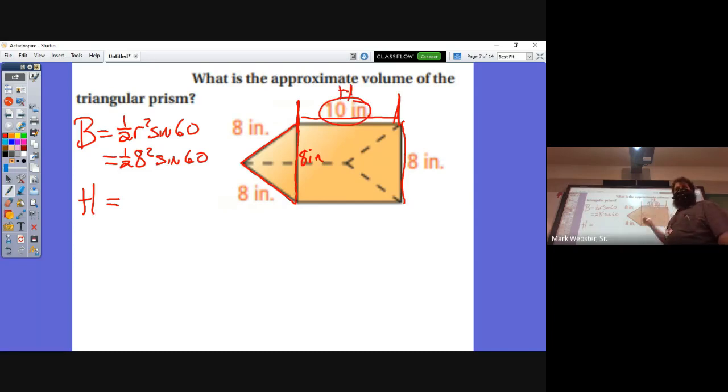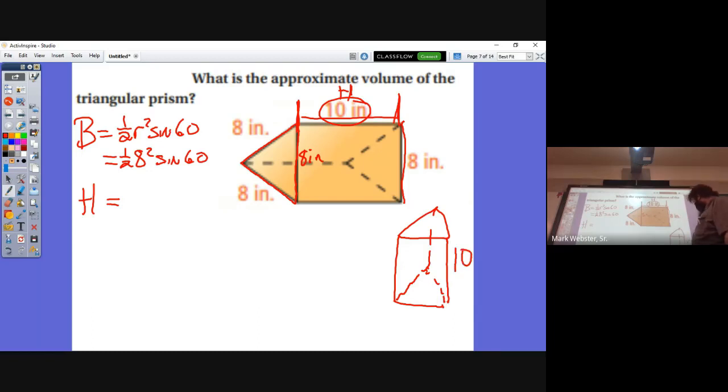Because this is on its side, if it helps you to understand height better, redraw it. I mean, you don't have to, but if it helps you to remember, hey, height, right? Don't be afraid to do that.